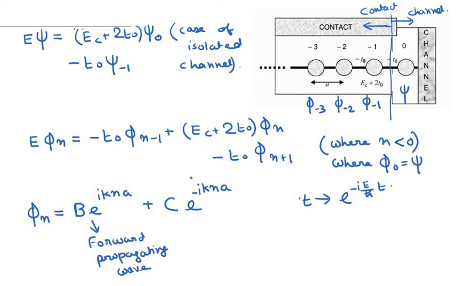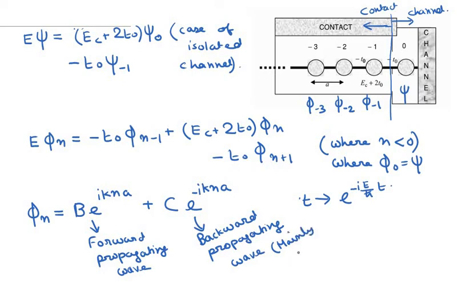So this is a backward propagating wave, which is mainly reflected from the channel.